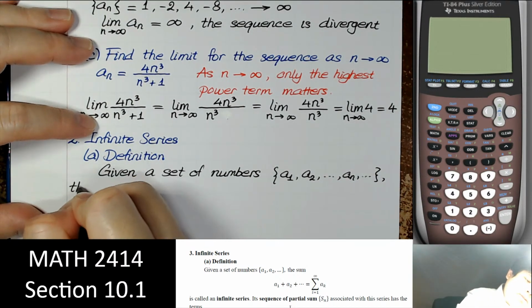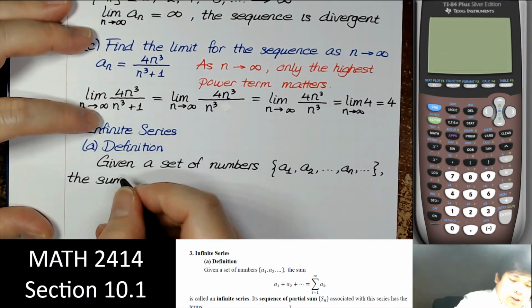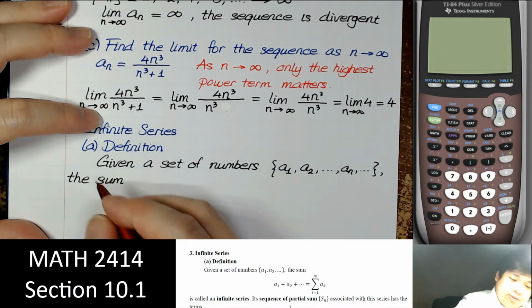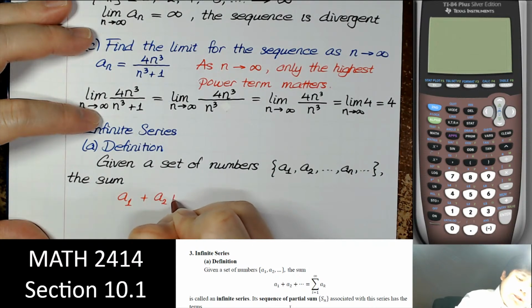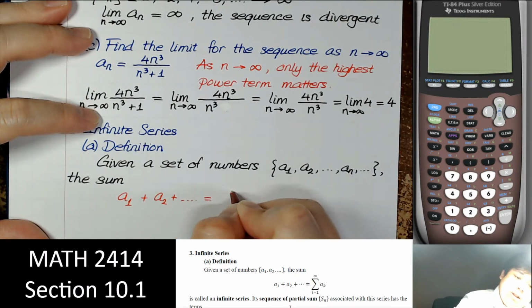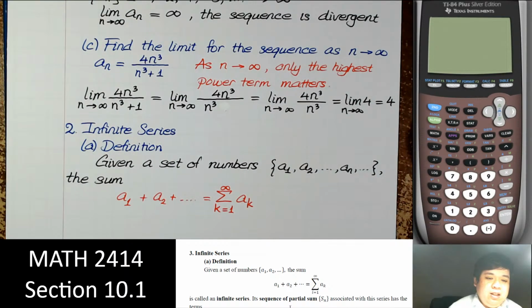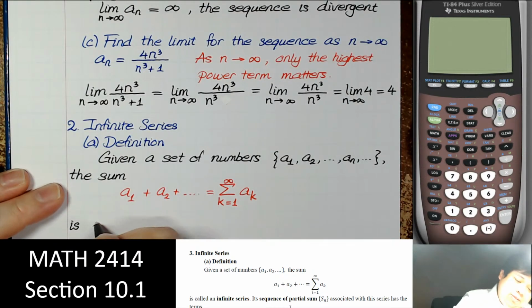The sum, we're going to write like this: a1 plus a2 plus, I should say an index.